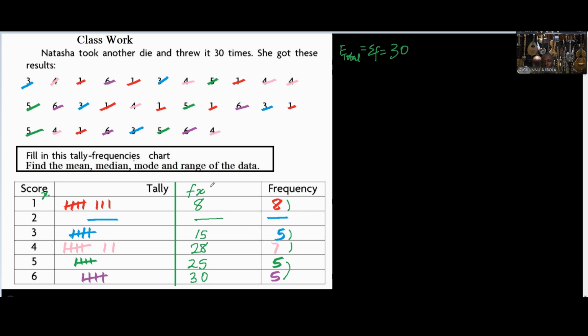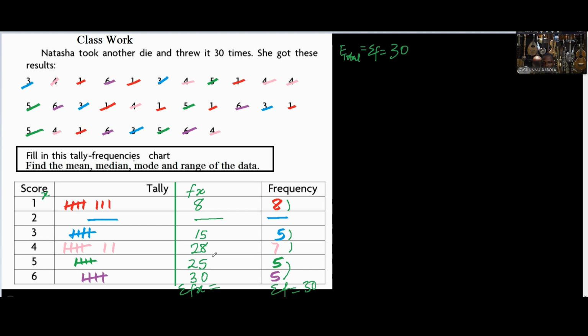So we need the addition, what we would have gotten if we start adding from here and end it here. So the total would have given us everything in this group. That's going to be summation fx. Summation f gave us 30, which means the total entry is 30 pieces of information. Summation fx is the addition of all these.